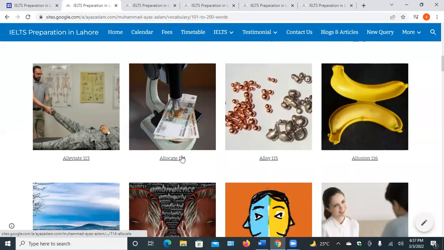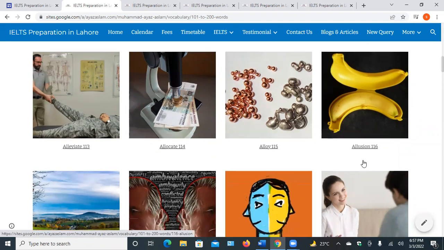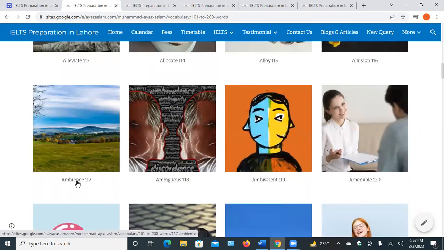Allocate, grant resources, allocate resources. The next word is alloy. It means mixture. Allusion. It means reference. Ambience, surrounding. Ambiguous, have two feelings at the same time.